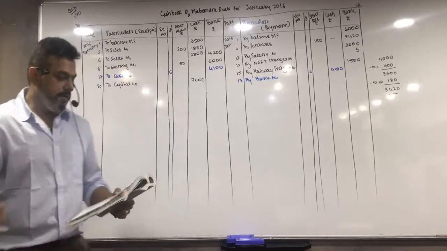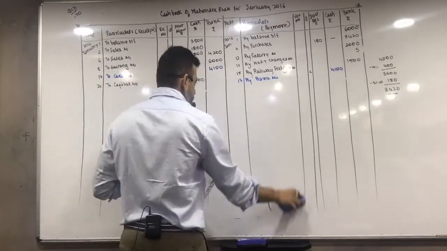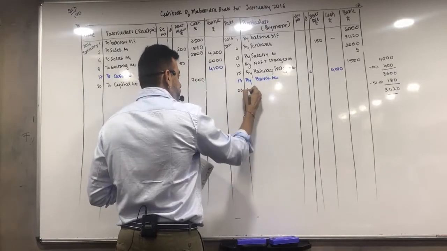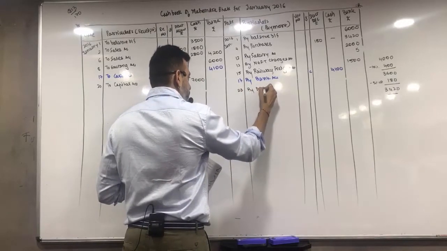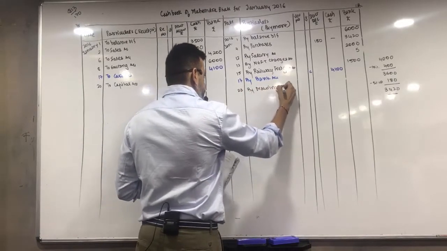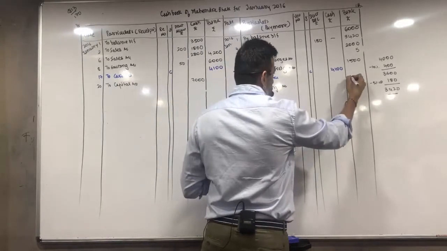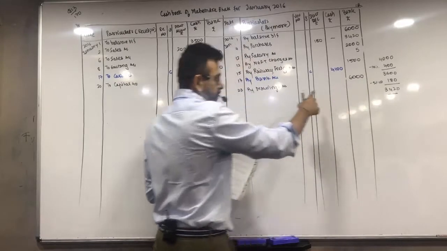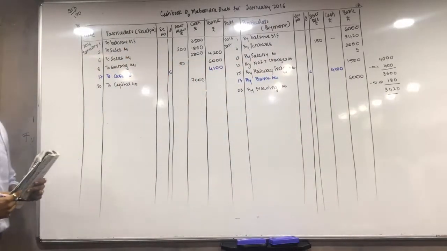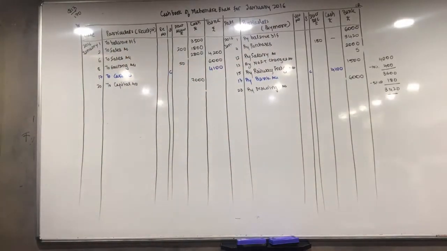Owner is the receiver. So by drawings, 6,000, bank column. Be careful about this. If the column is interchanged, both your balances will be wrong, cash as well as bank.